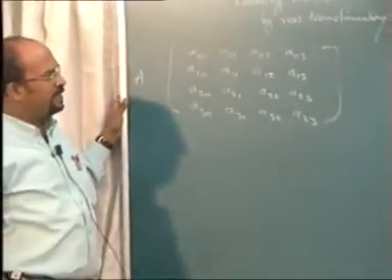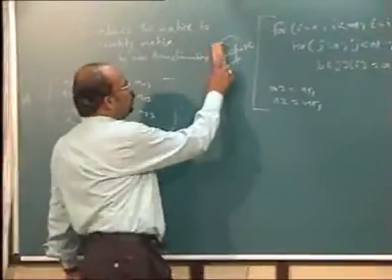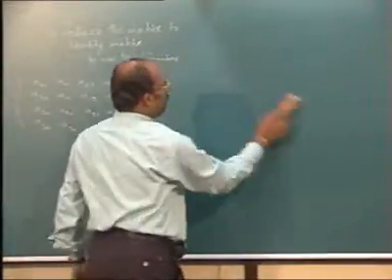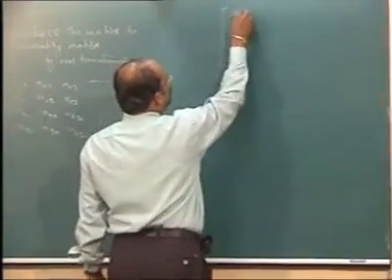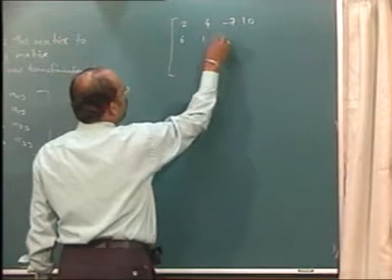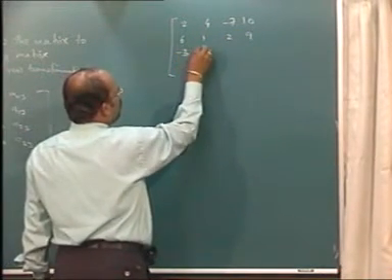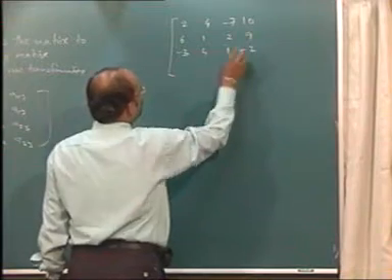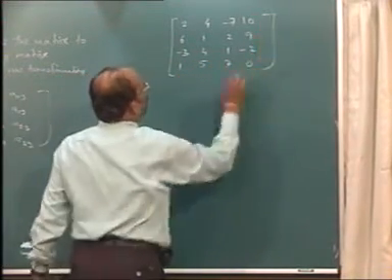Obviously, if you take the example, then in the example you will be having the values and you know which operations you will be performing. Like if it is 2, 4, minus 7, 10, 6, 1, 2, 9, minus 3, 4, 1, minus 2, 1, 5, 7, 0.